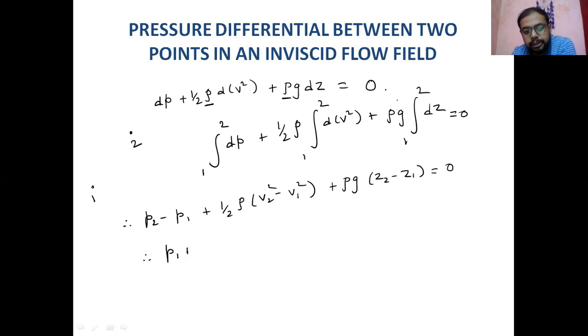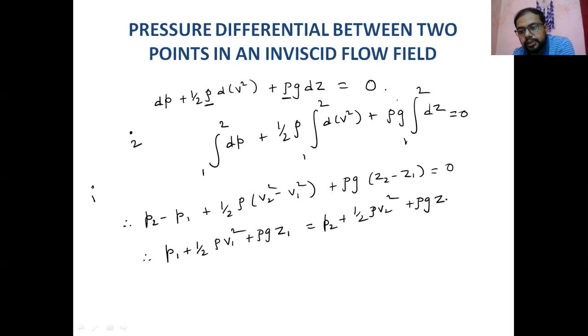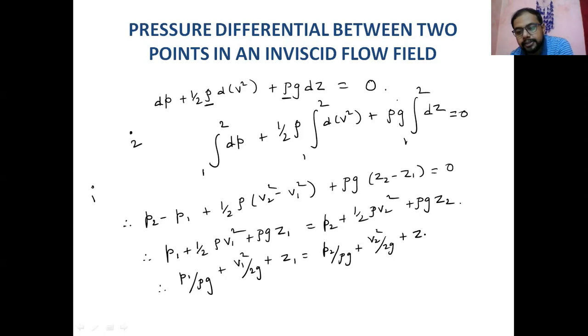So P1 plus half rho V1 square plus rho G Z1 is equal to P2 plus half rho V2 square plus rho G Z2. If you divide by rho G, P1 by rho G plus V1 square by 2G plus Z1 is equal to P2 by rho G plus V2 square by 2G plus Z2.